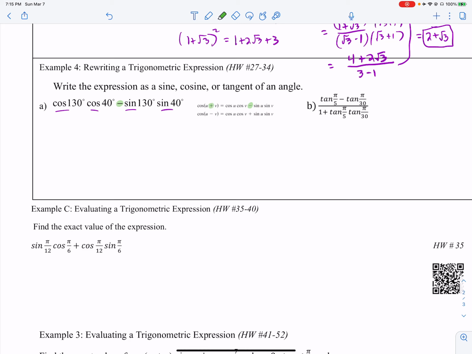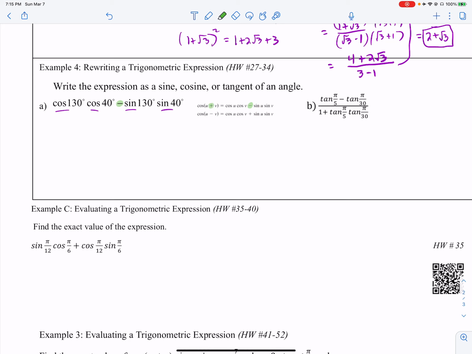So here's my tangent ones to refer to. And on the tangent one, when the numerator is subtraction, whatever's in the numerator, that's the sign inside that tangent. And so this is going to be tangent, and it's going to be subtracting the two angles.